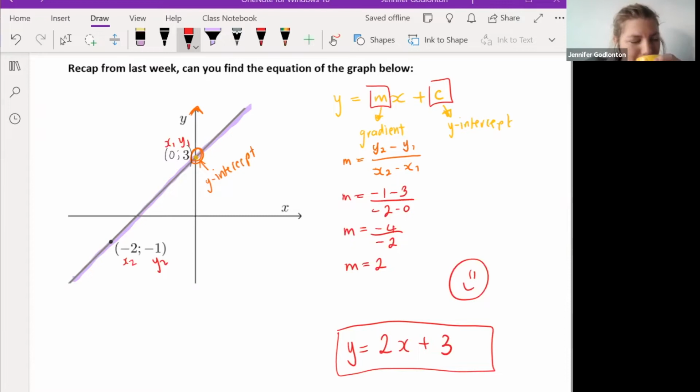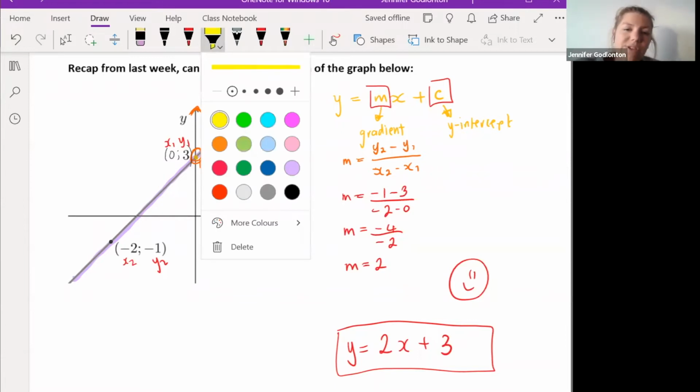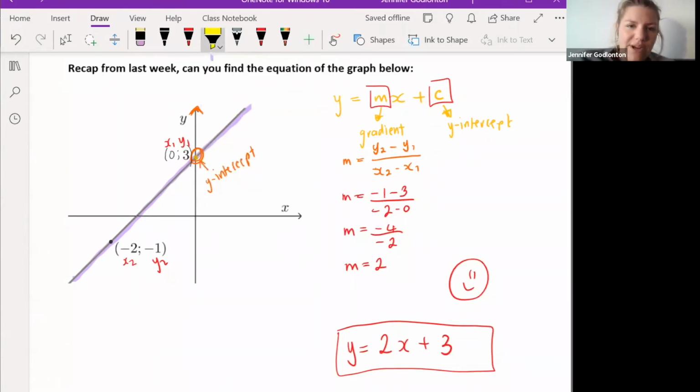Ma'am, how did you find the -3 and -0? Okay, so these we just labeled as pairs, right? So we have x1 and y1 and x2 and y2.